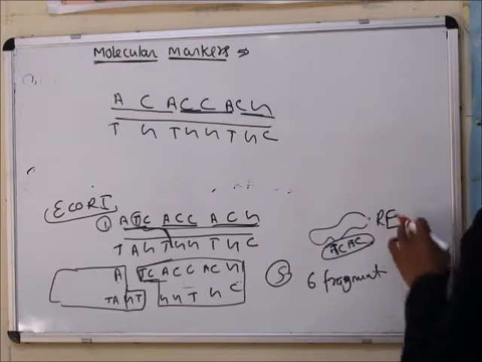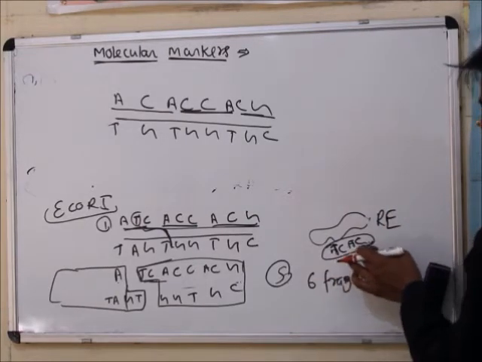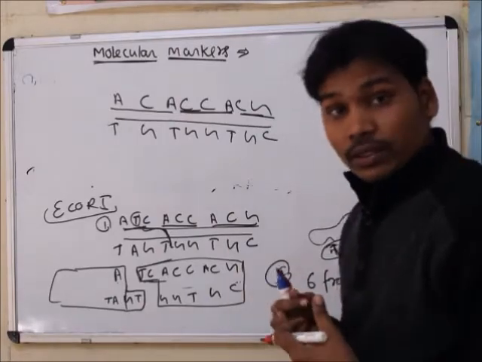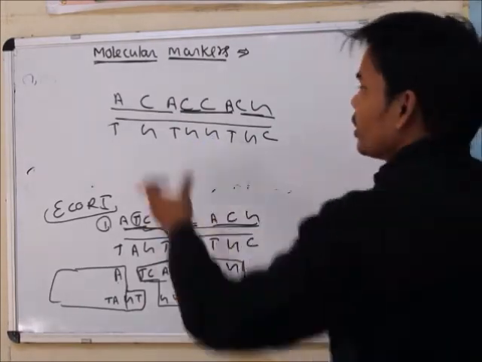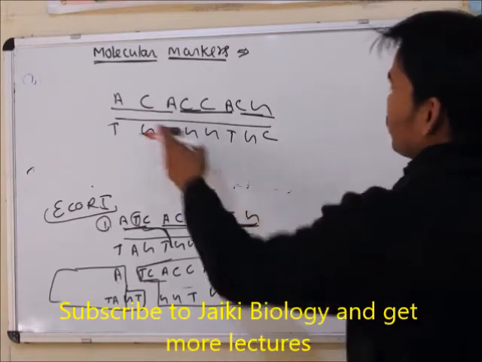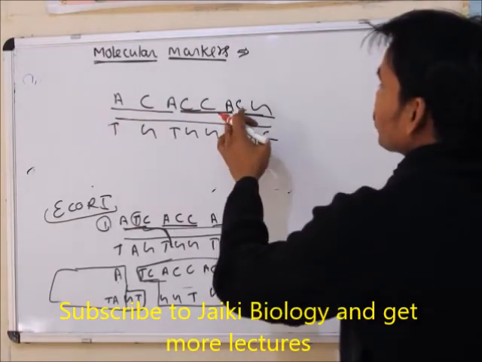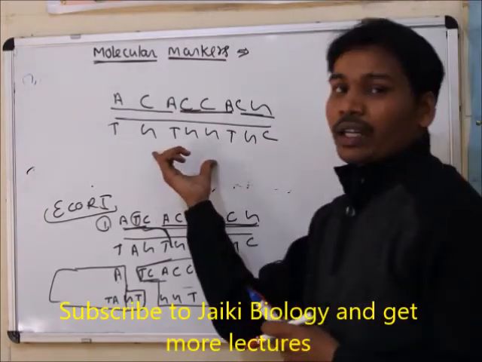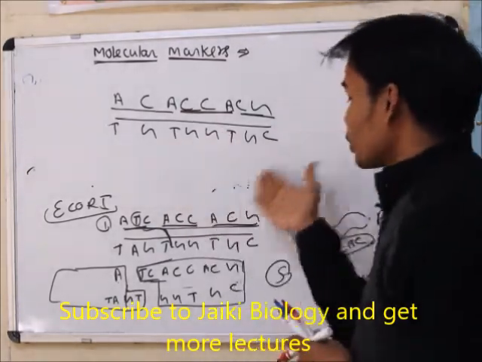The restriction endonuclease, if it recognizes A, T, C, A, C in that sequence, then cuts at that position. But here the sequence T, C, A, C is not found. You can see here that there is no T, C, A, C. So that restriction endonuclease does not recognize that specific position.